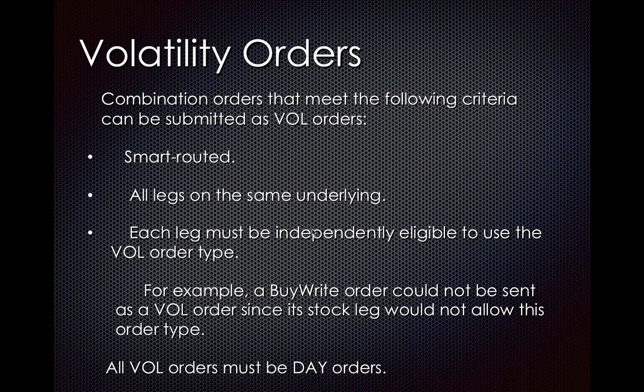Just to let you know that volatility orders are specifically for trading the same underlying. Each leg has to be eligible for volatility order types, and they can be traded as a day order only, meaning that by the end of the day, your order will be purged from the market, and if you want to reestablish your order the next day, you have to come back to the Trader Workstation and do it again.